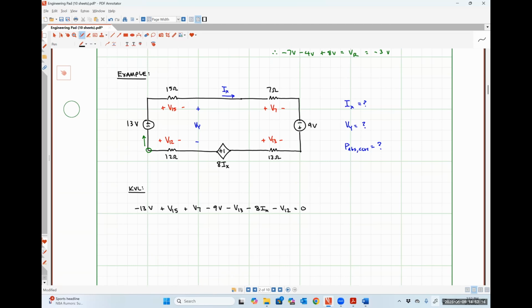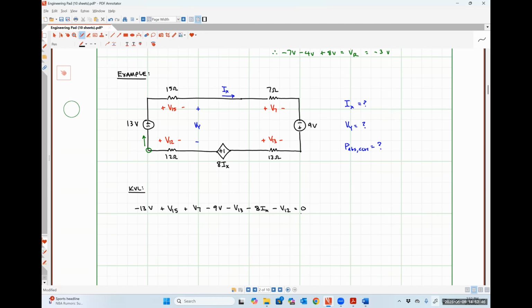So I have 1, 2, 3, 4, 5 unknowns and only one equation. So where the rest of my equations are actually going to come from is Ohm's law. Okay. So this is an example of a single loop circuit where all of my circuit elements are connected in series, which means they all have the same current flowing through them.